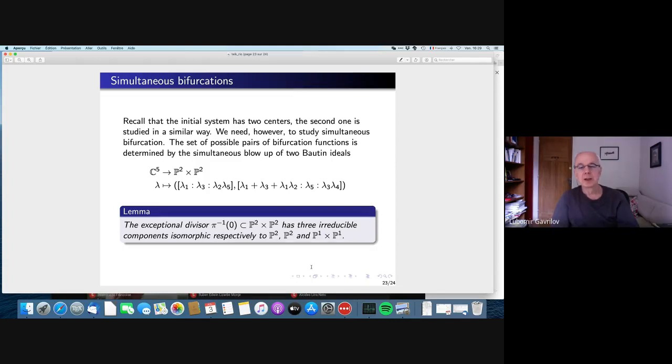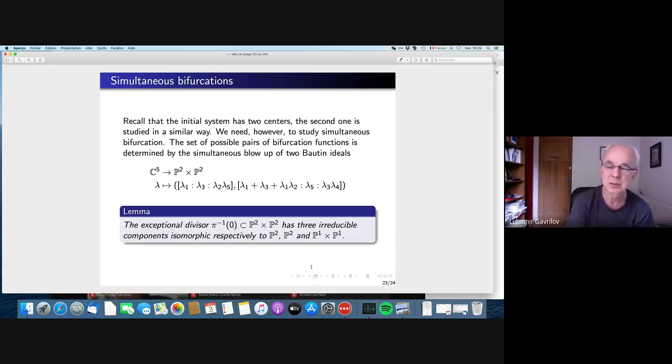So to study simultaneously the two centers, you have to repeat all this theory, but simultaneously. It means that you should do the same for the two centers, but with the same coordinates at the same time. It's forbidden to translate one center to the other. You have to work with the same coordinates.